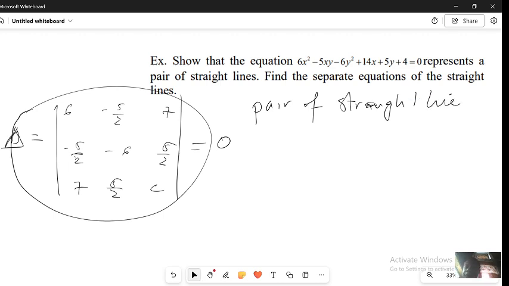Show that the equation represents a pair of straight lines. Now we want to find the separate straight lines. To find them, we just bring this equation.